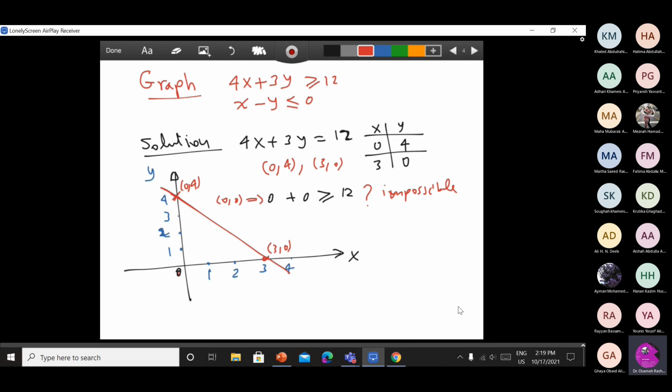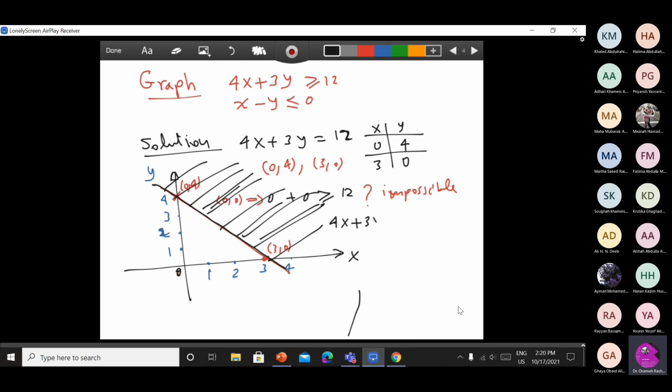So I will take the other side, and including the line, right? So I'll take this side. And I also have to include the line, so I have to make it black, similar to the shading. Now I know this area to the right hand side is 4x plus 3y greater than or equal to 12.